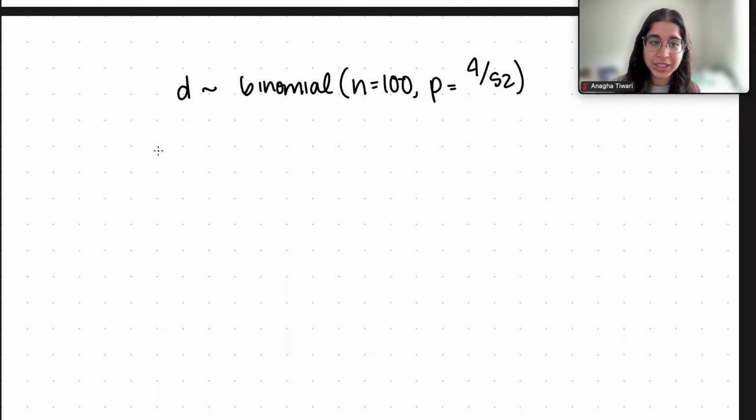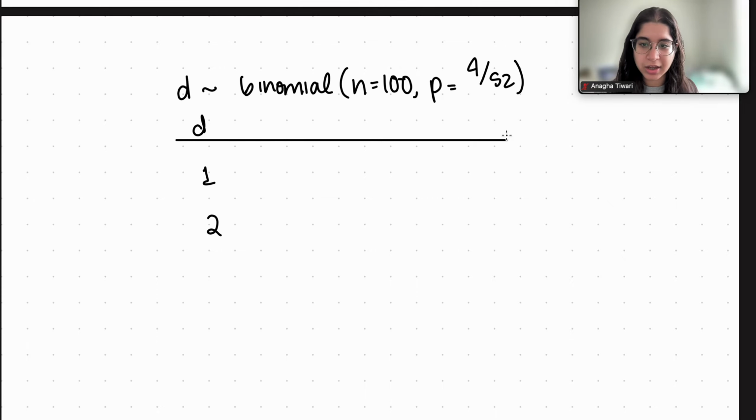So what values of X can this distribution take on? We can have a value of 1, a value of 2. These are the possible values that D can take on, and then each has a probability, which we don't need to calculate right now.